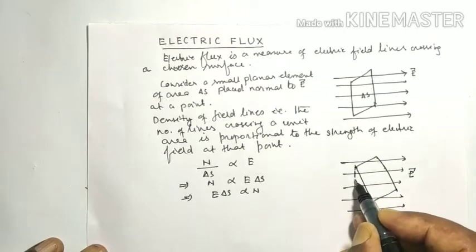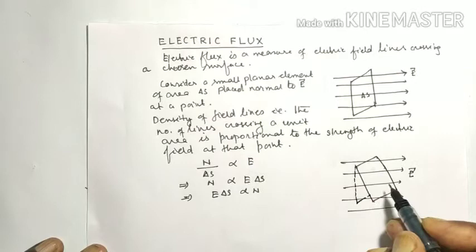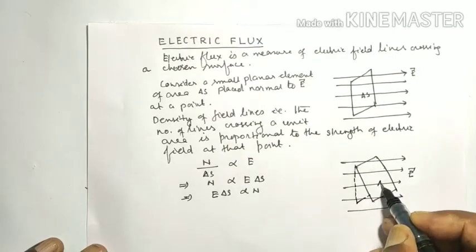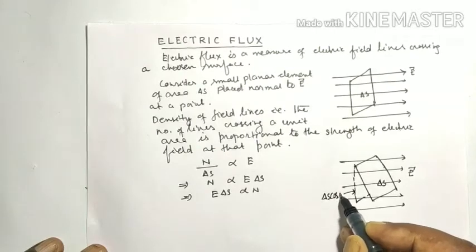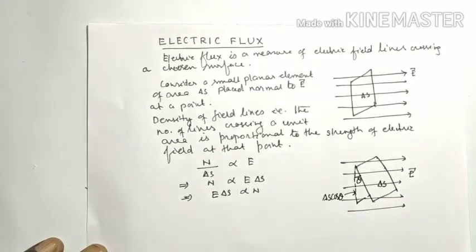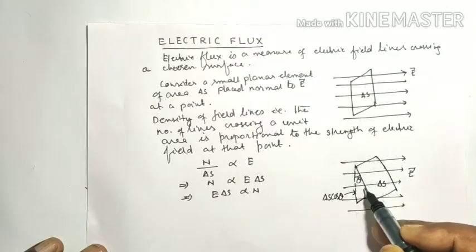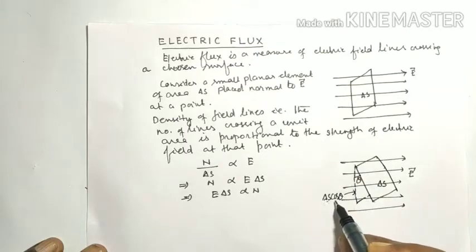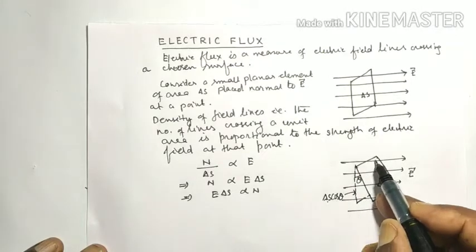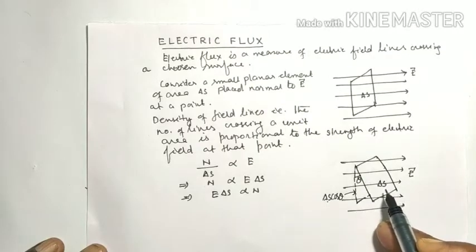We draw a normal here, and the projected area is delta S cos theta. This angle is theta. So the number of field lines crossing the given area delta S is same as the field lines crossing the area delta S cos theta, because here the area delta S is tilted. So less number of field lines cross this.